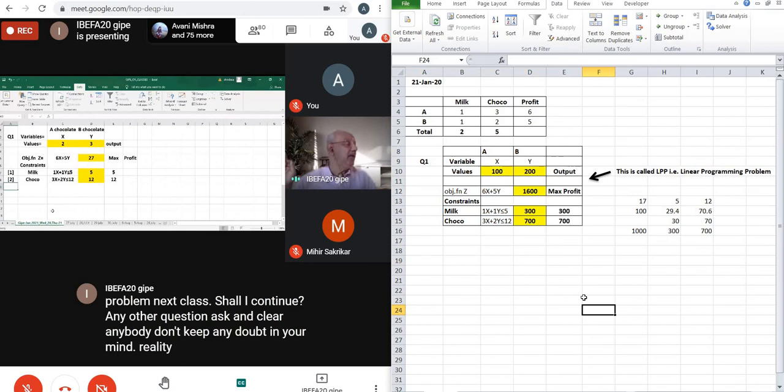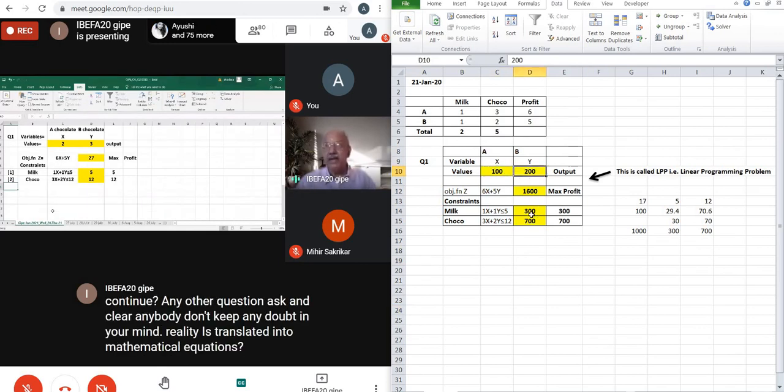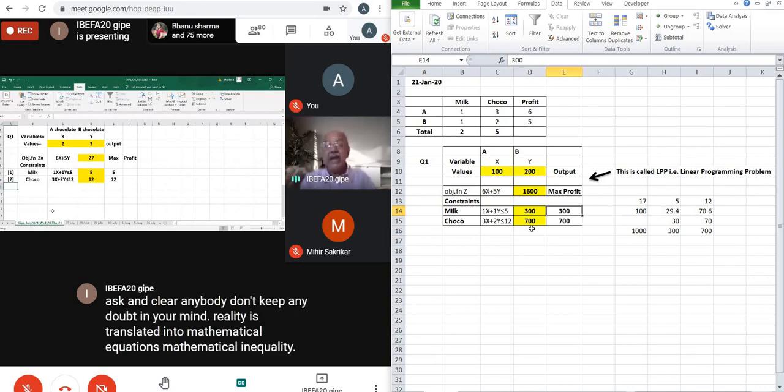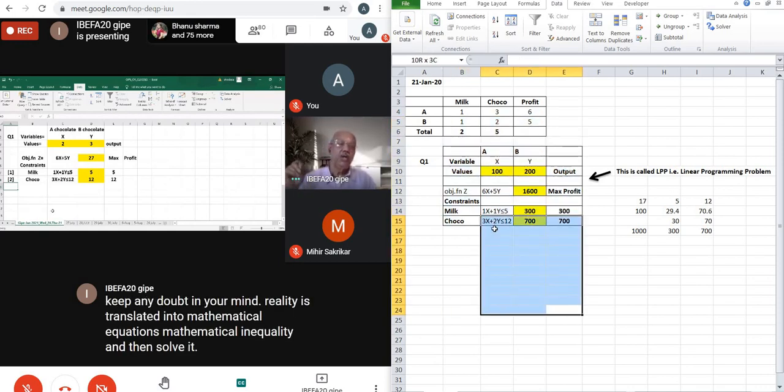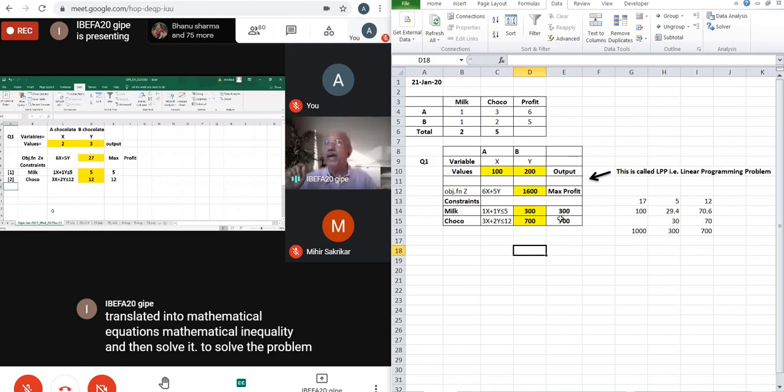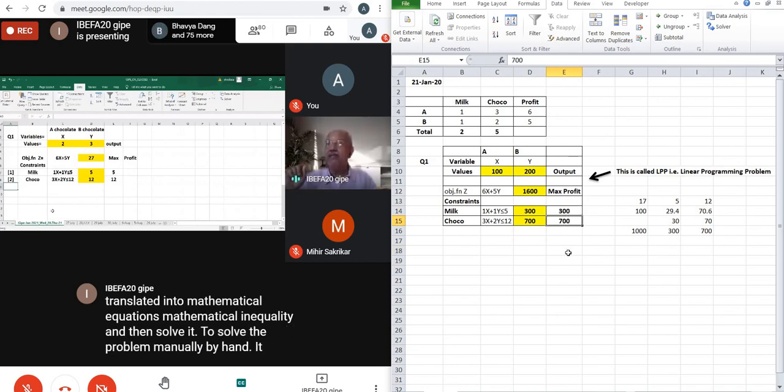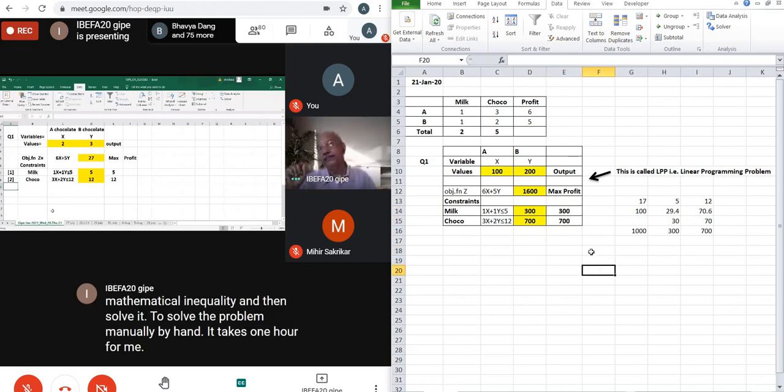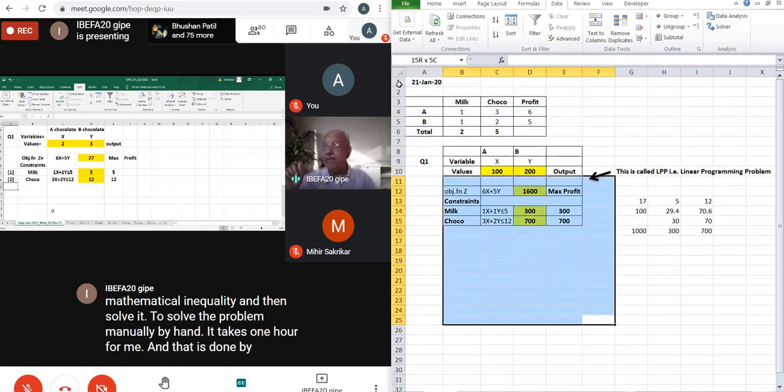Reality is translated into mathematical equations and mathematical inequalities, and then solved. To solve the problem manually by hand, it takes 1 hour for me, and that is done by the solver within a minute.